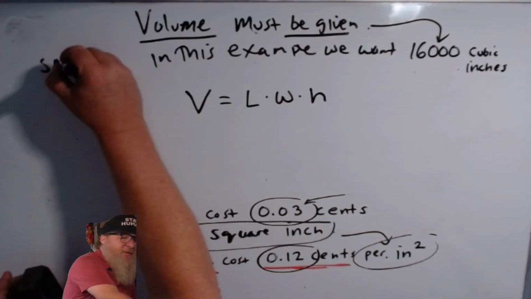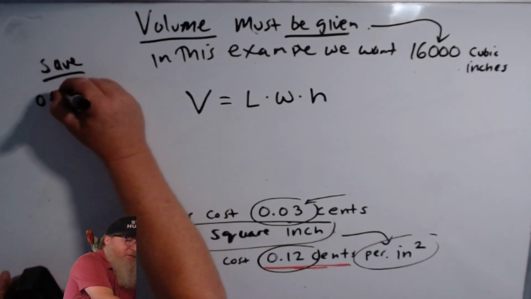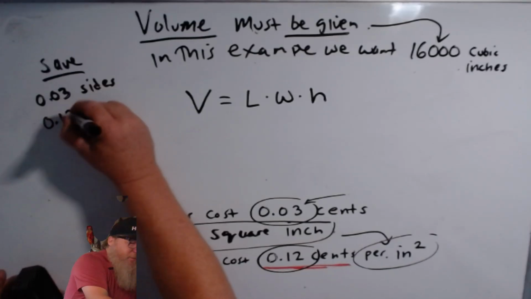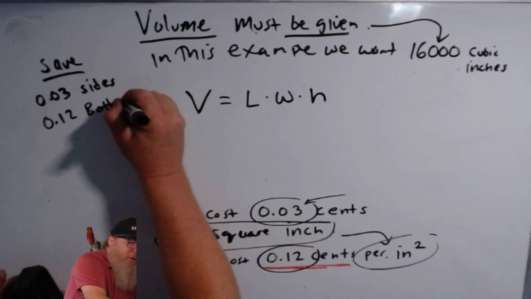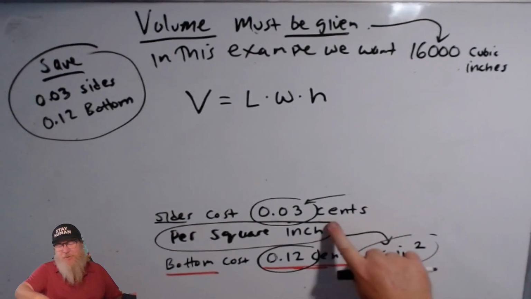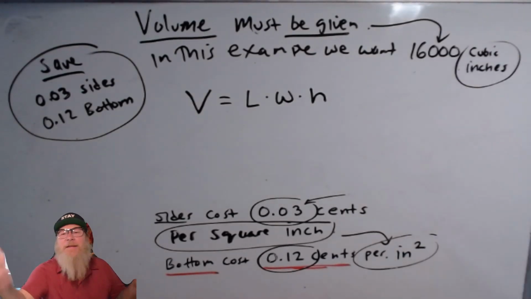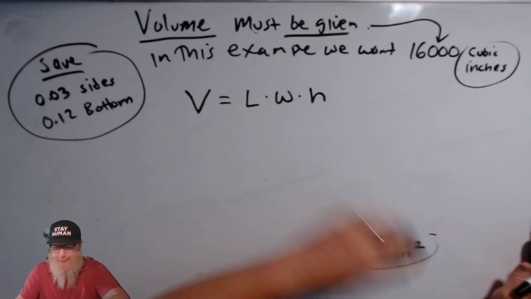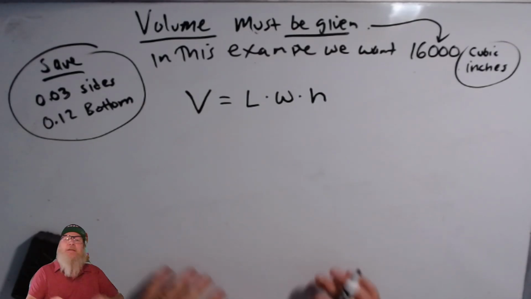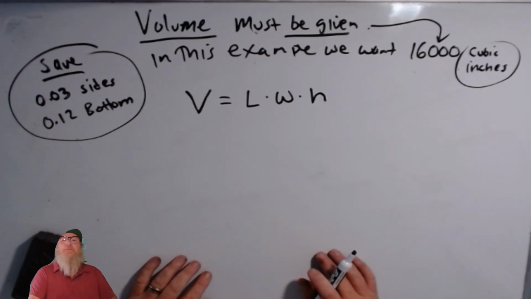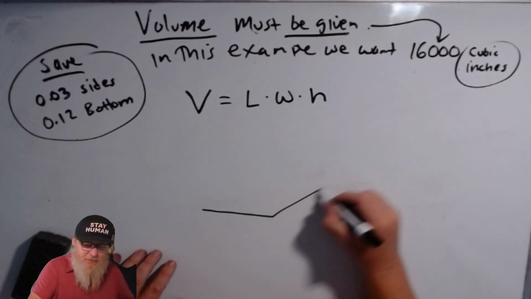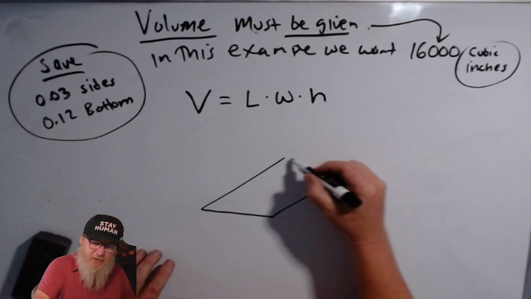So let's just save 0.03 for the sides and 0.12 for the bottom. That's all we really need to know is how much these are going to cost. Yeah, it's per square inch, but that's all going to work out in the end because we're going to do the cubic inches. So that's the total volume, length times width times height. All right, so let's suppose that we just look at the bottom.